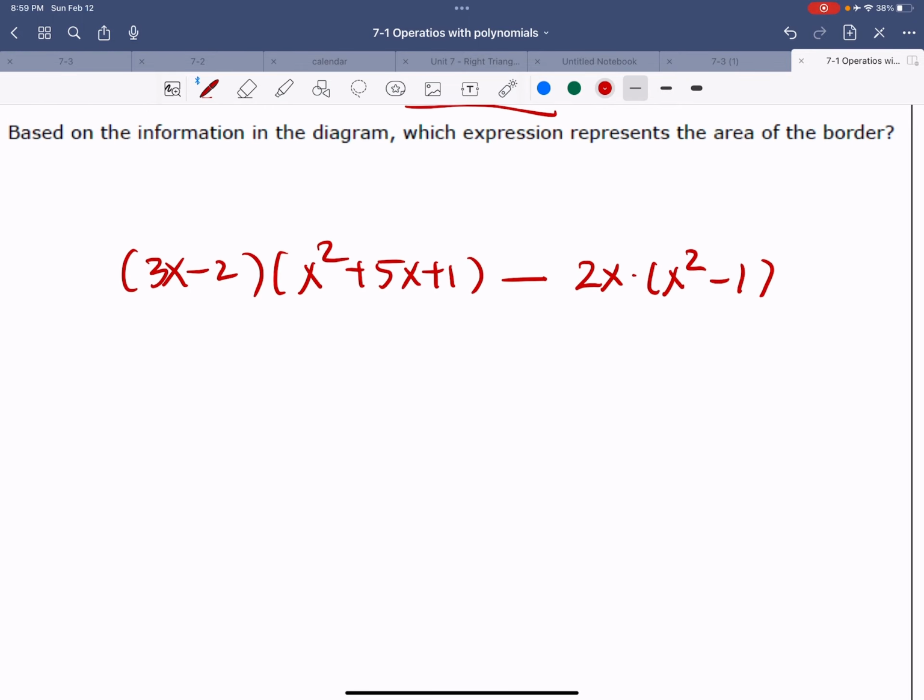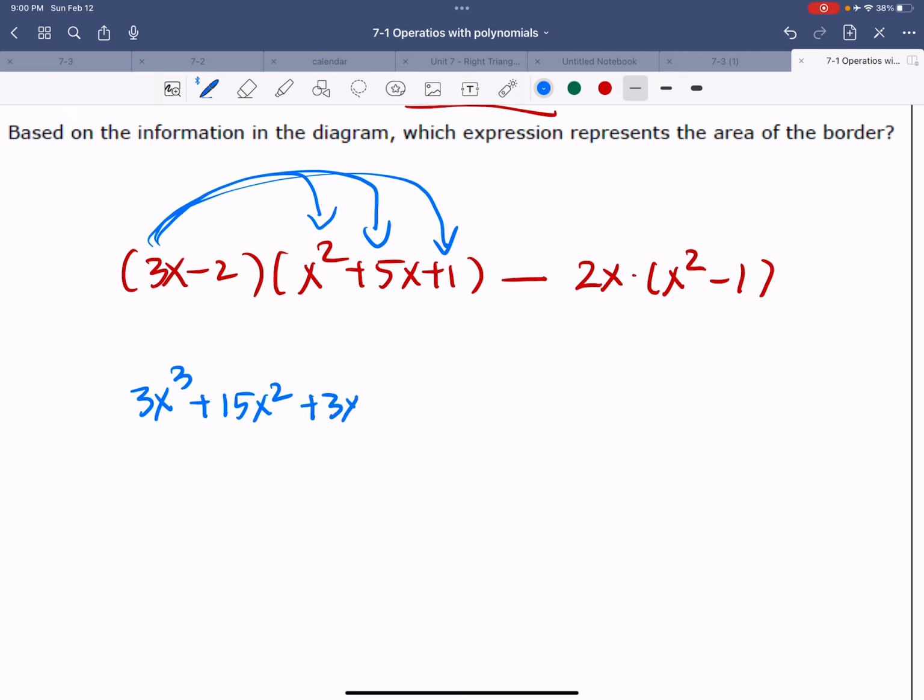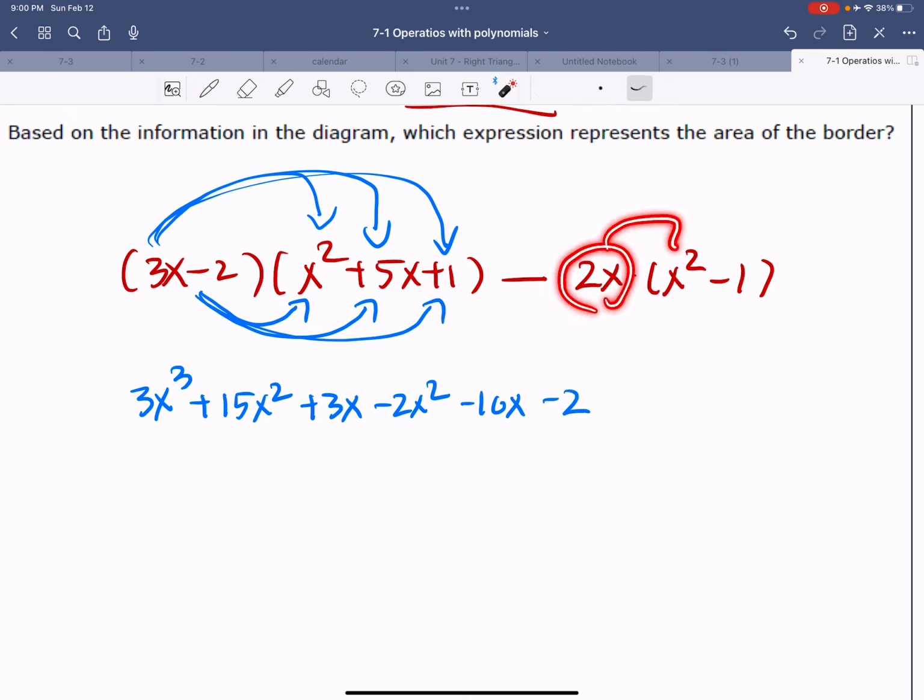So let's do one by one. It's very simple. And this will be on your test. And see what I do. And for this one, you have to distribute 2x, but do you see this minus?